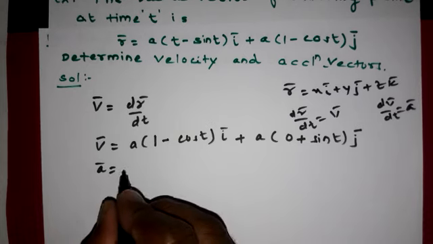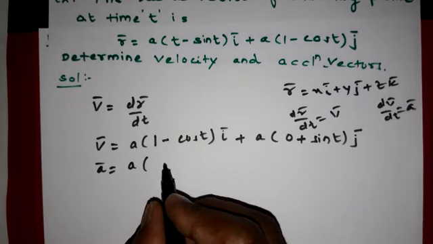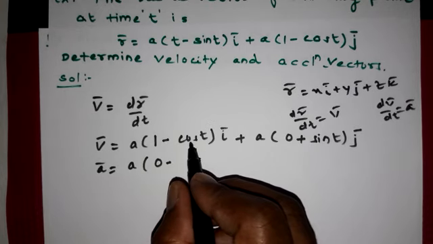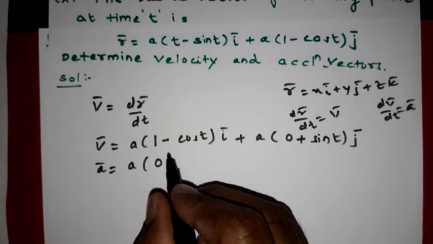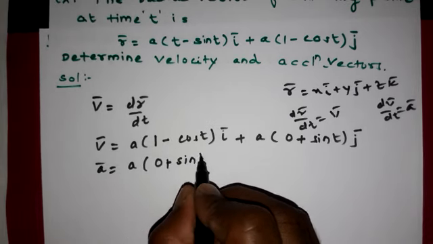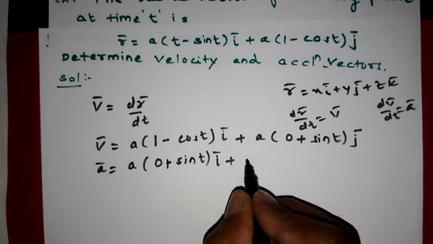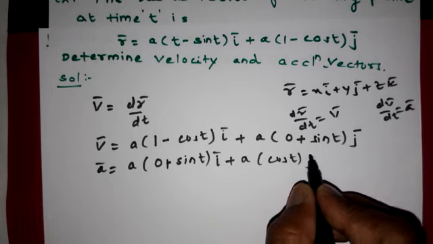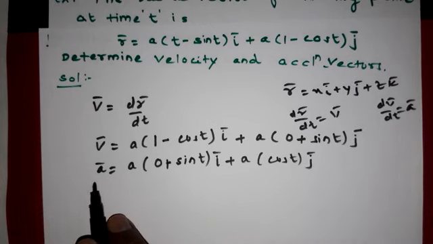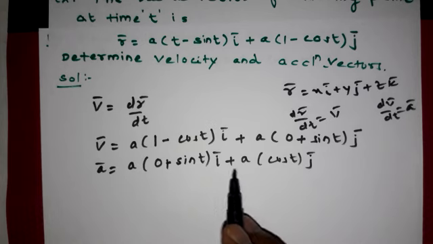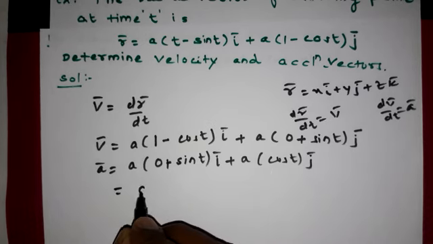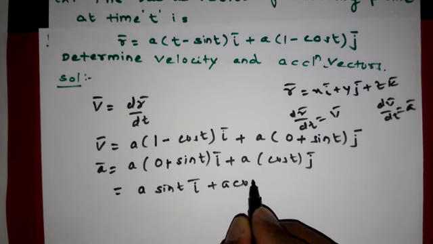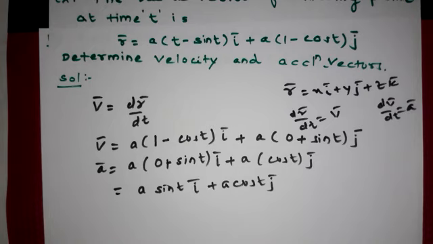So differentiate it: a as it is, the derivative of 1 is 0, as we saw right now the derivative of cos t is minus sin t and this minus becomes plus sin t, i bar, plus a times the derivative of sin t, which is cos t, j bar. So here we get acceleration a sin t i bar plus a cos t j bar. I can write it properly: a sin t i bar plus a cos t j bar.